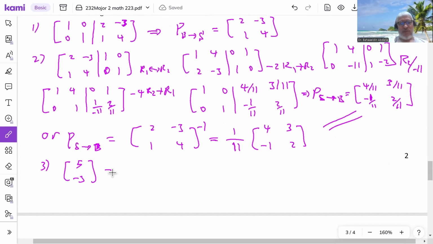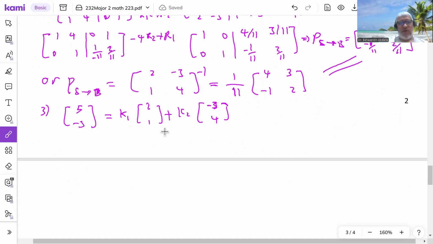So I will write it K1 times 2, 1 plus K2 times negative 3, 4. And we solve this system and find the values of K1 and K2.